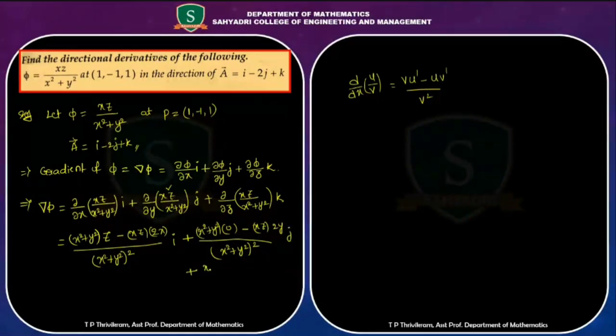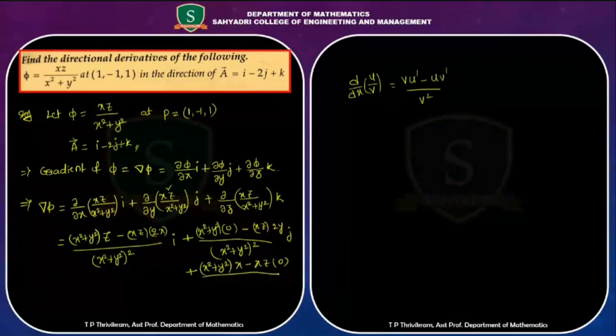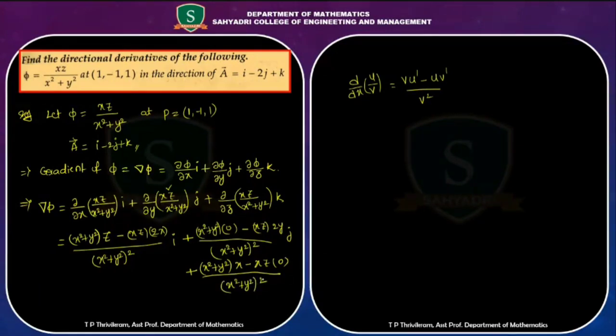Plus here, x square plus y square, differentiate with respect to z now. So I'll get x here, minus xz into the derivative of this with respect to z, which is 0, divided by x square plus y square whole square.